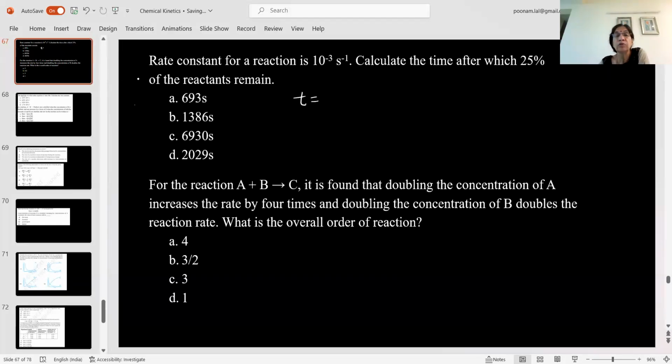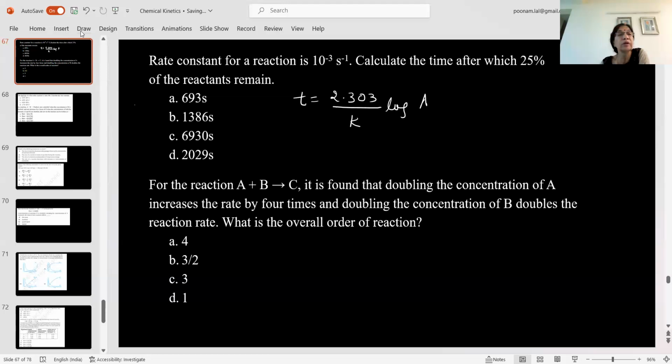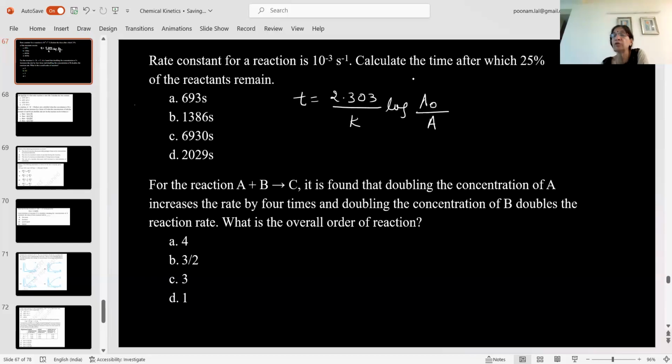So T is equal to 2.303 by K log of A0 by A. So it is A0, initial concentration, by final concentration.